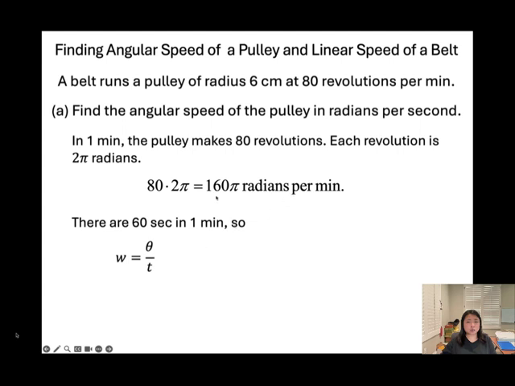So theta is 160 pi divided by 60 seconds. You should get 80 pi over 3 radians per second.